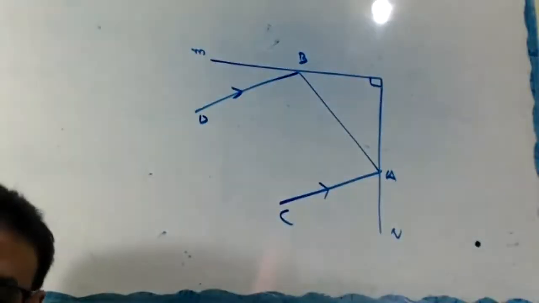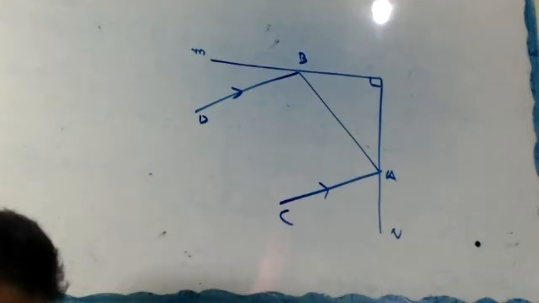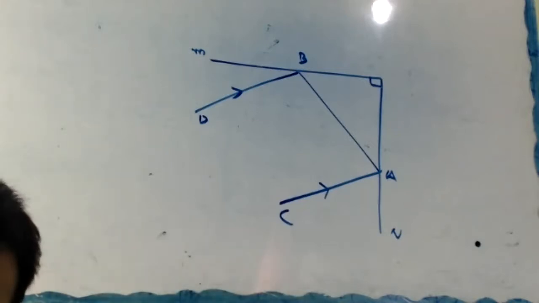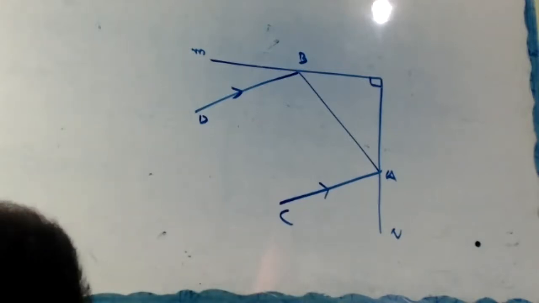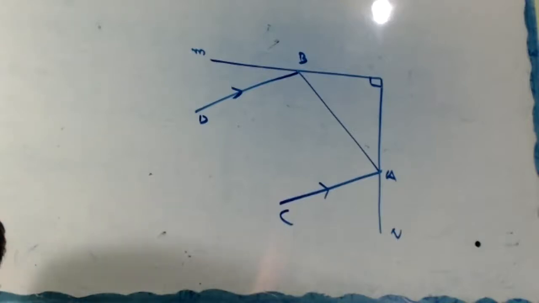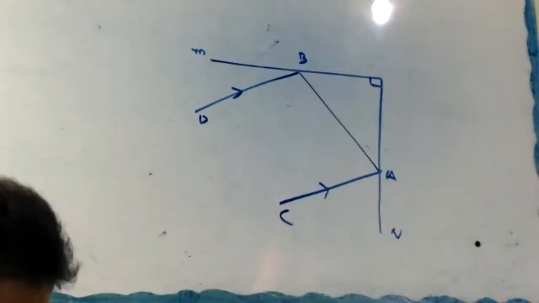Listen here, Hassan. Figure is there. M and N are two plane mirrors perpendicular to each other. Mirror 1, mirror 2, this angle 90 degrees.